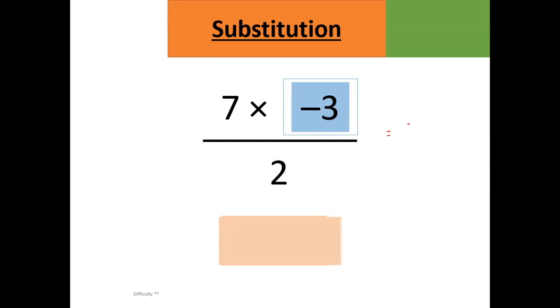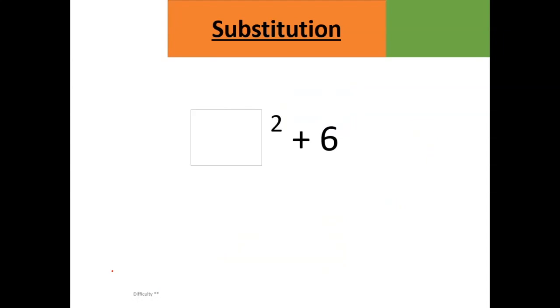If you're going to hit this into your calculator, you have to make sure you use that negative key, or if you don't use the key, you're going to have to remember that a positive times a negative brings out a negative, right? So I get -21 on the top divided by 2. So it'll be -10.5? Yep, -10.5. Correct.